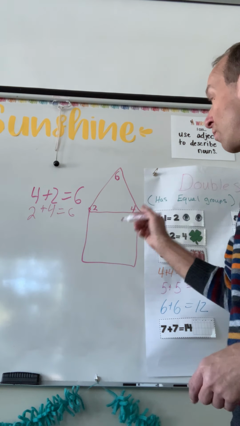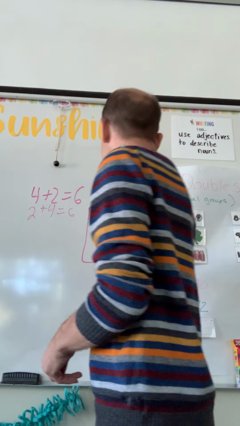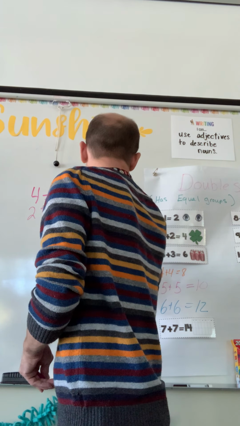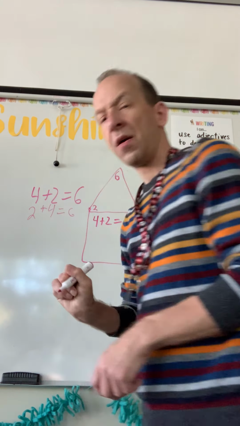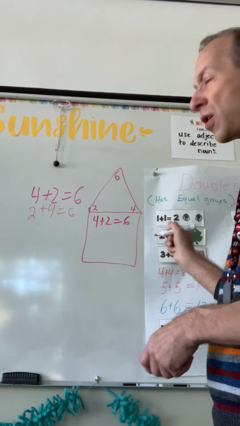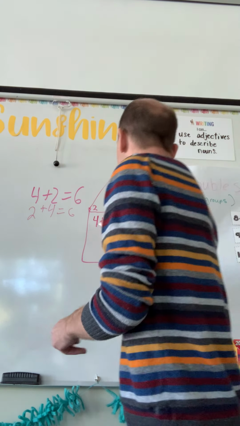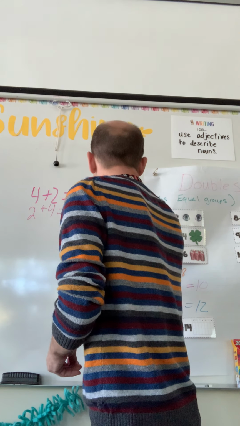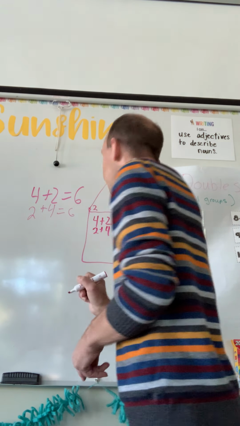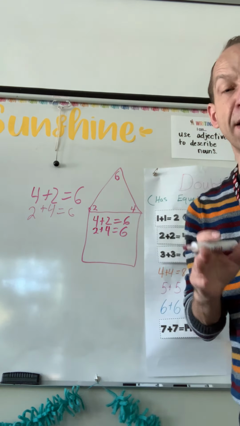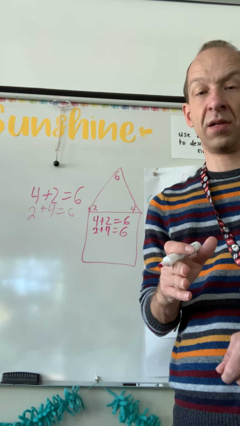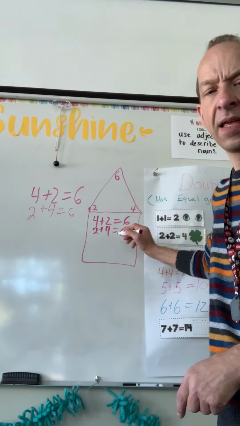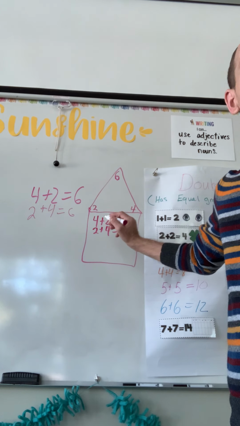I'm going to go ahead and write 4 plus 2 equals 6 right there. Then I'm going to go ahead and write 2 plus 4 equals 6. Okay, so when I'm talking about addition, my daddy is at the end.